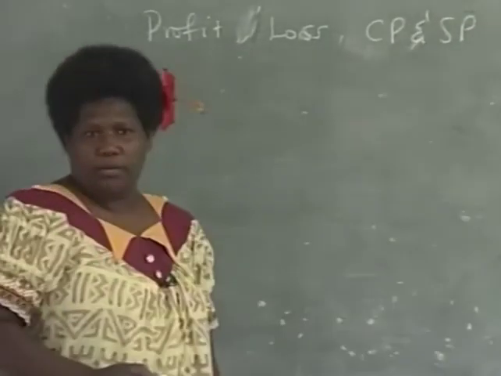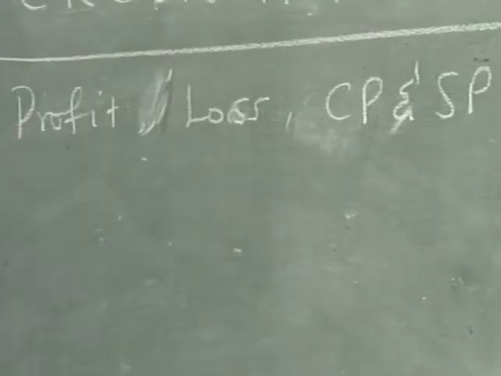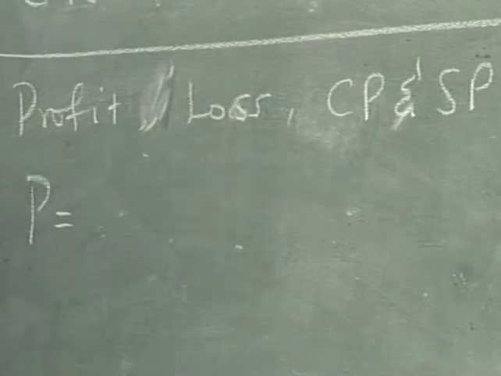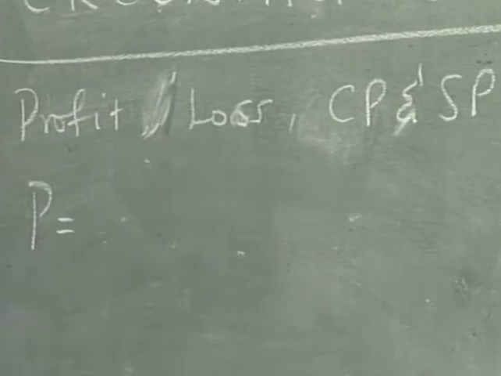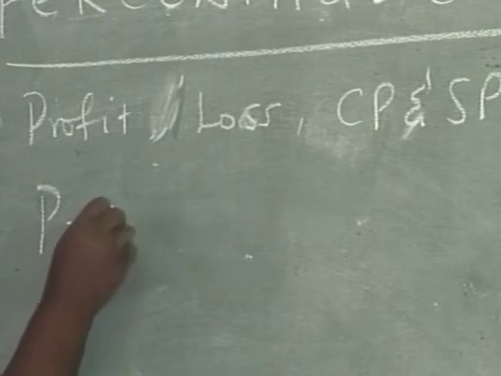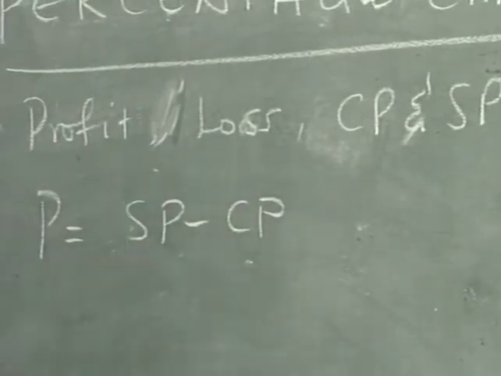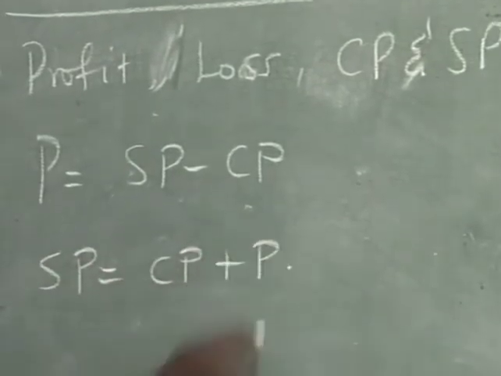Since you are economics students and you are supposed to be better than me on this one, if you want to make a profit, you always have to have your cost price less than the selling price, otherwise you're making a loss. So profit is usually given by the selling price minus the cost price, and your selling price is always the cost price plus the profit.